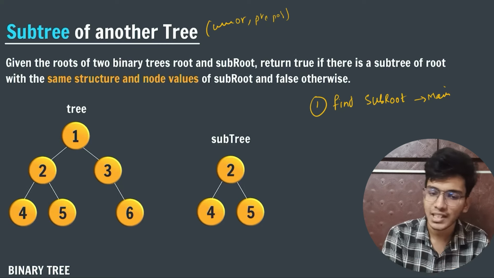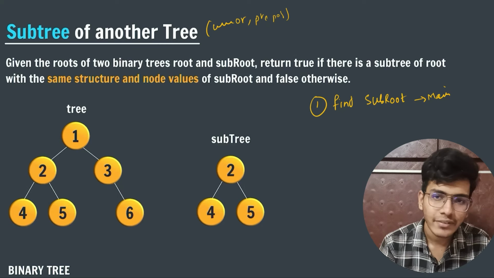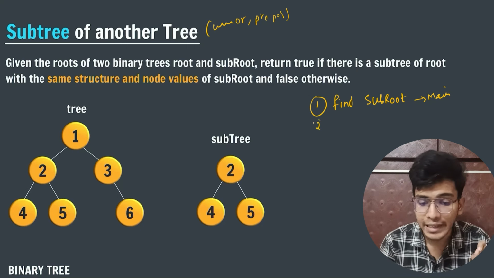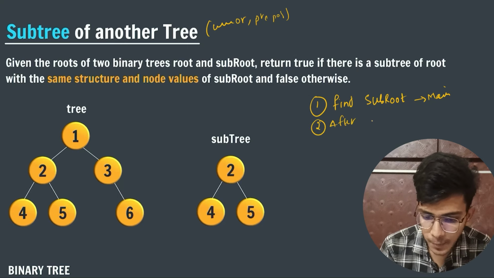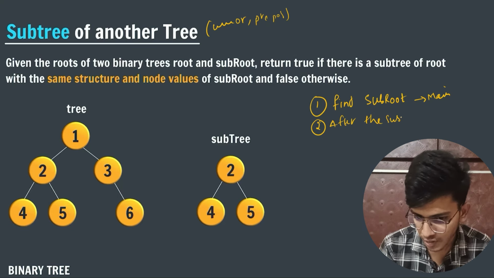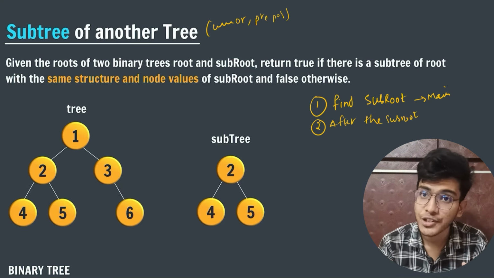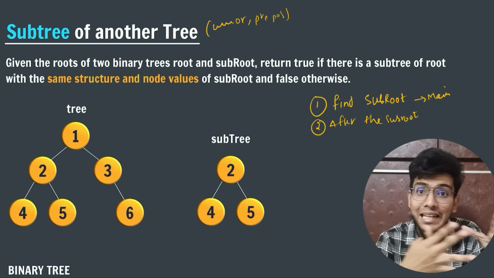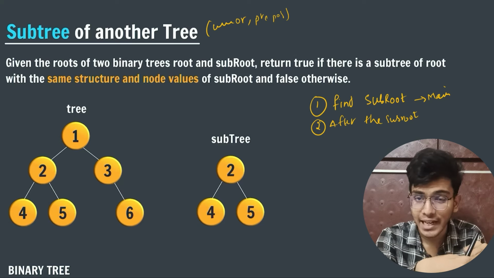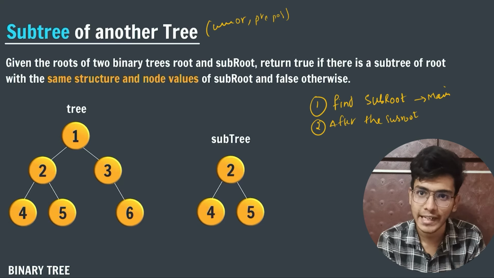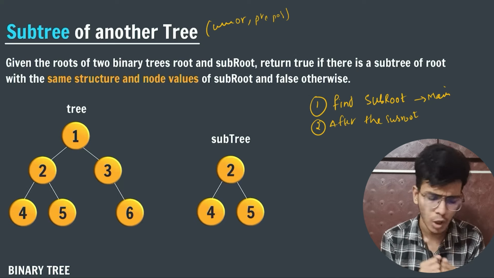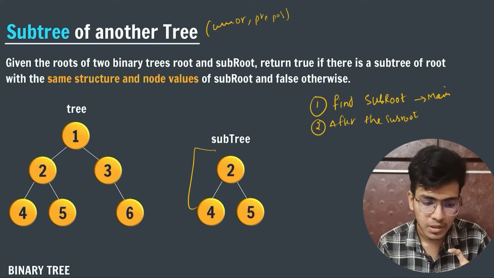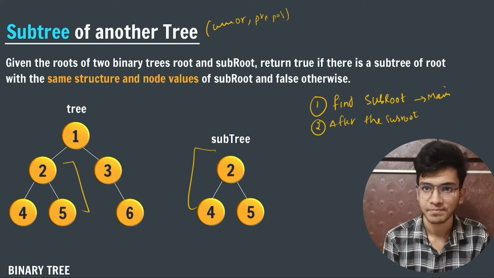I will put a traversal technique on my main tree and I will try to find out the subroot in my main tree. And after finding the subroot, I will check whether this subtree is identical to this part or not. If it is identical, then I will return true. If it is not identical, then I will return false. Okay, got my point?